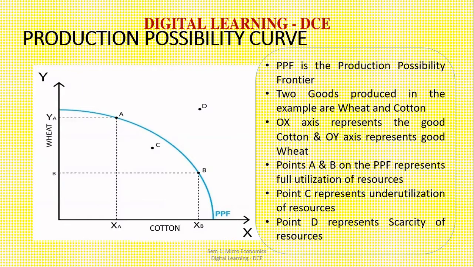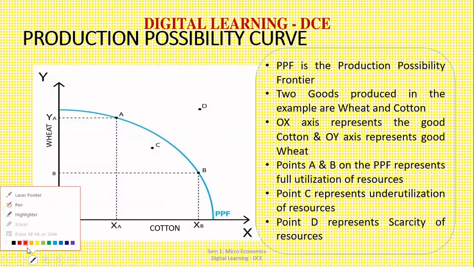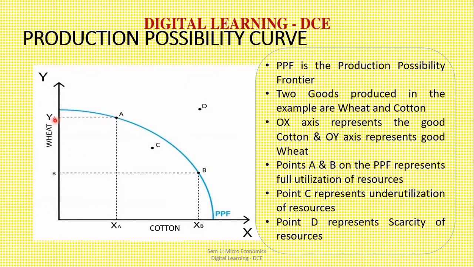Suppose the initial point of production in an economy was point A, and this point is representing to us the initial point where the amount of production of wheat was YA and the amount of production of cotton was XA.